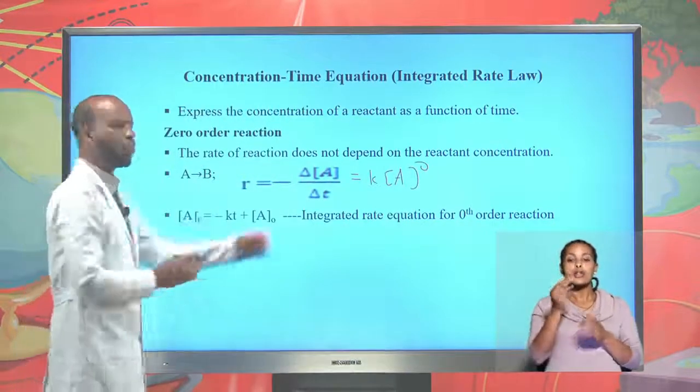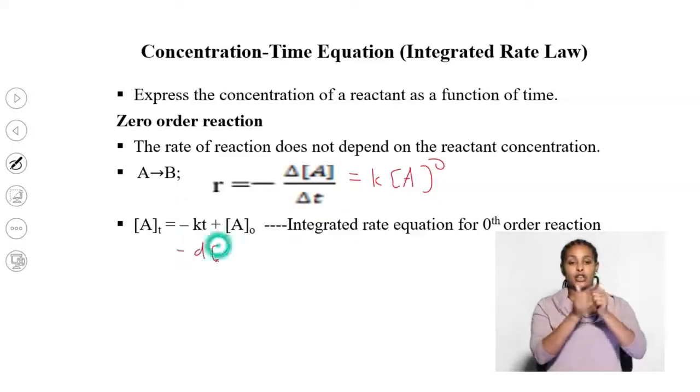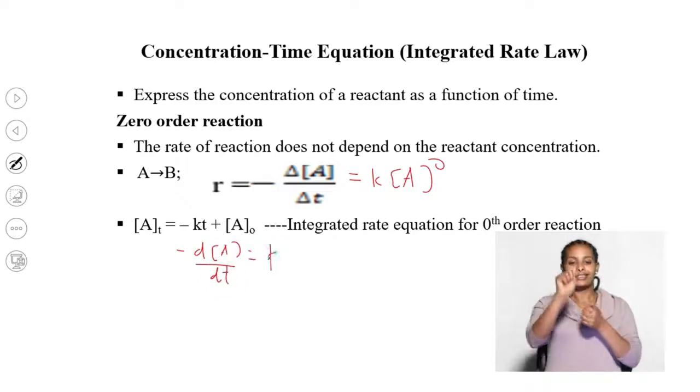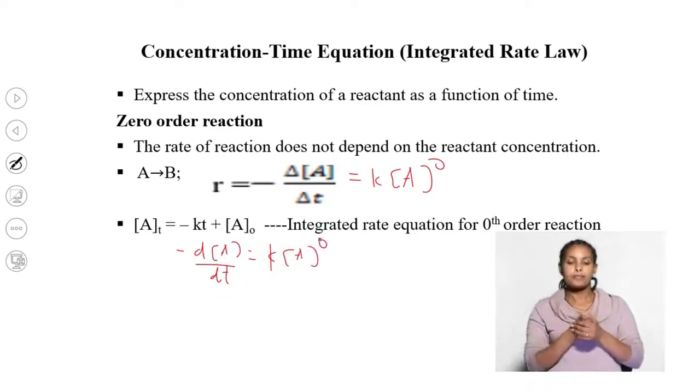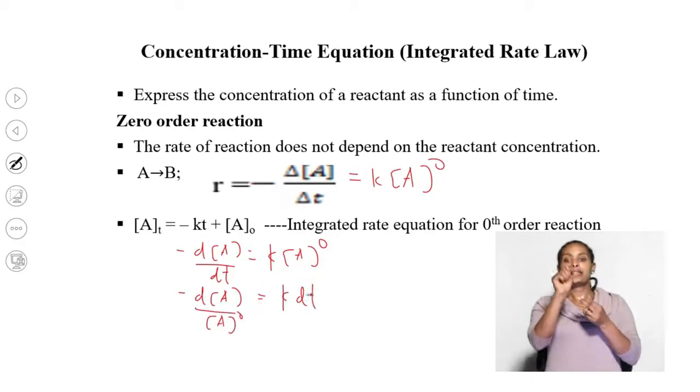Using calculus, we can write this as minus d[A] divided by dt equals k times [A] to the power 0. Rearranging this, we can write minus d[A] divided by [A] to the power 0 equals k times dt.